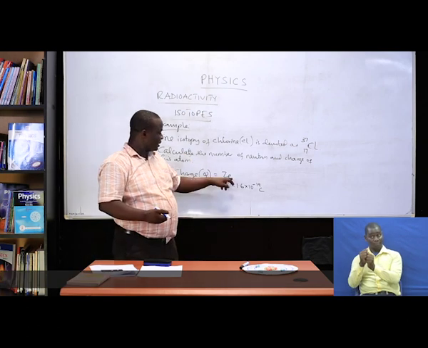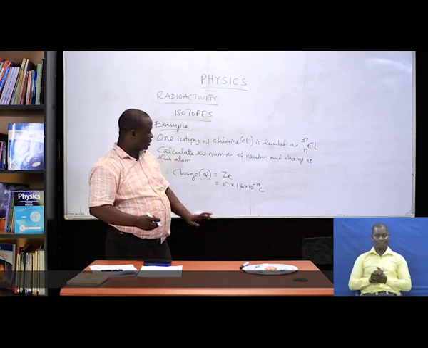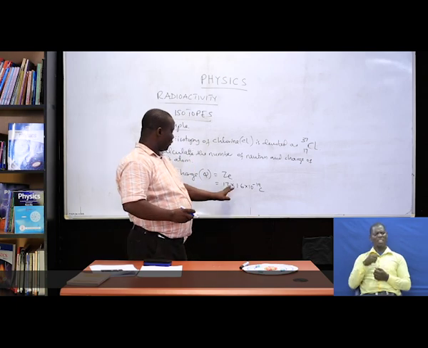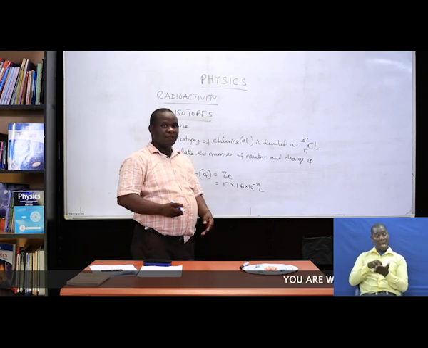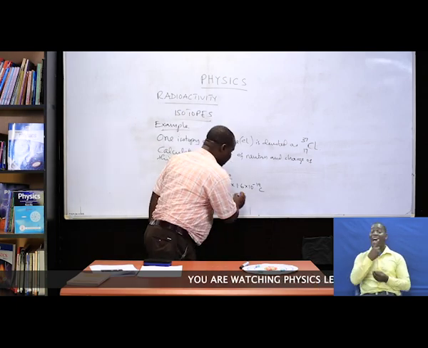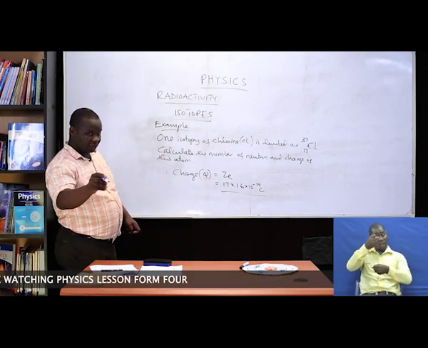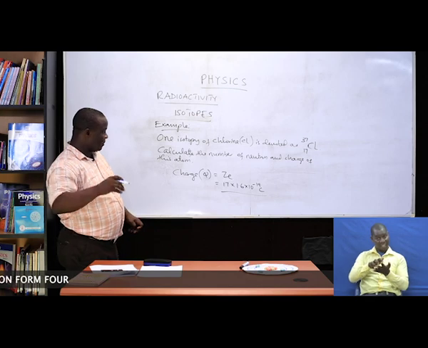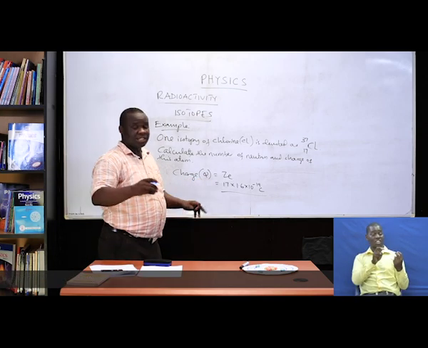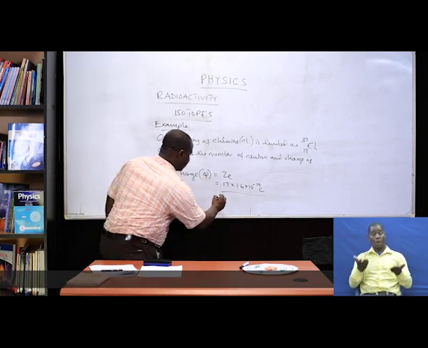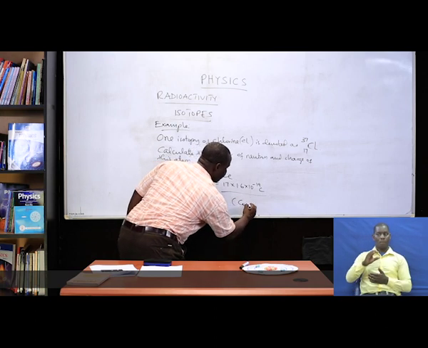Remember, this is a constant, the electronic charge. Now, if you multiply this, you can obtain the answer. But remember, I gave you the assignment, finalize it. Remember that the charge is going to be in coulomb. Make sure that this is in coulomb.